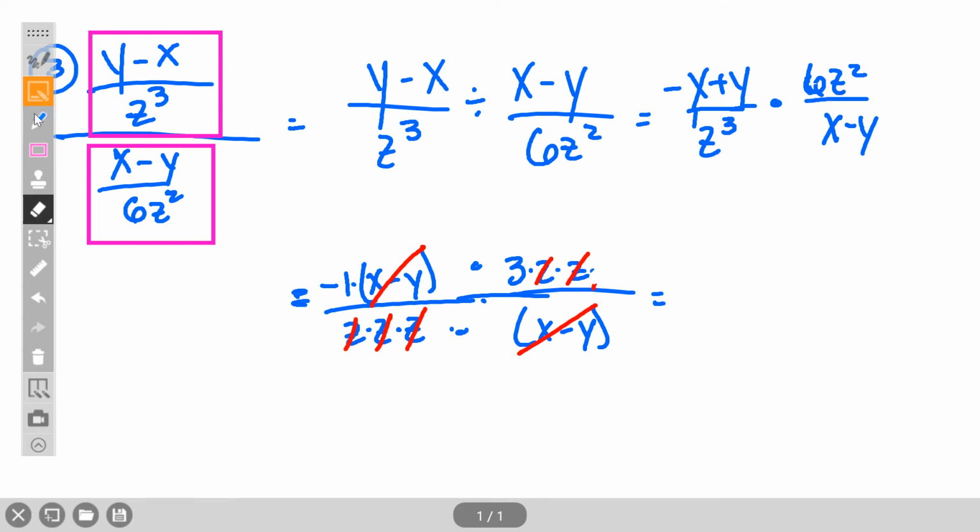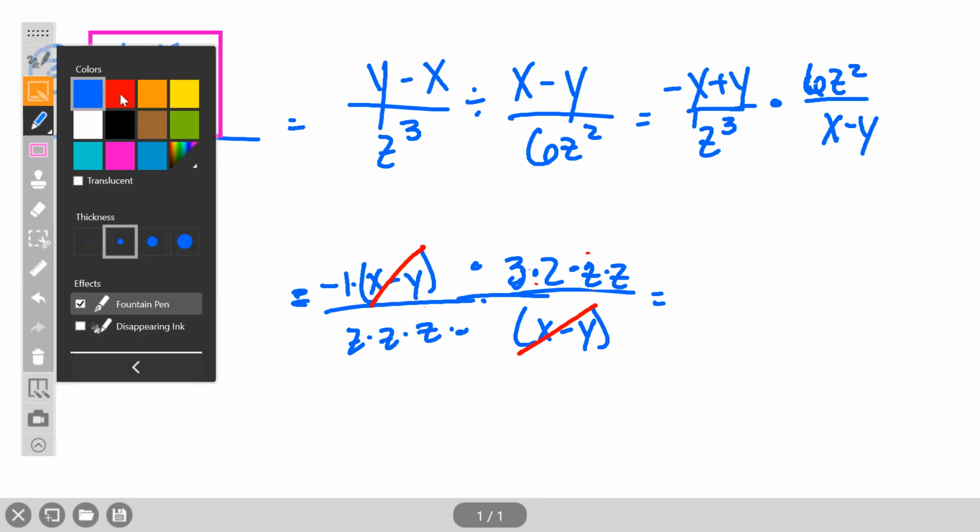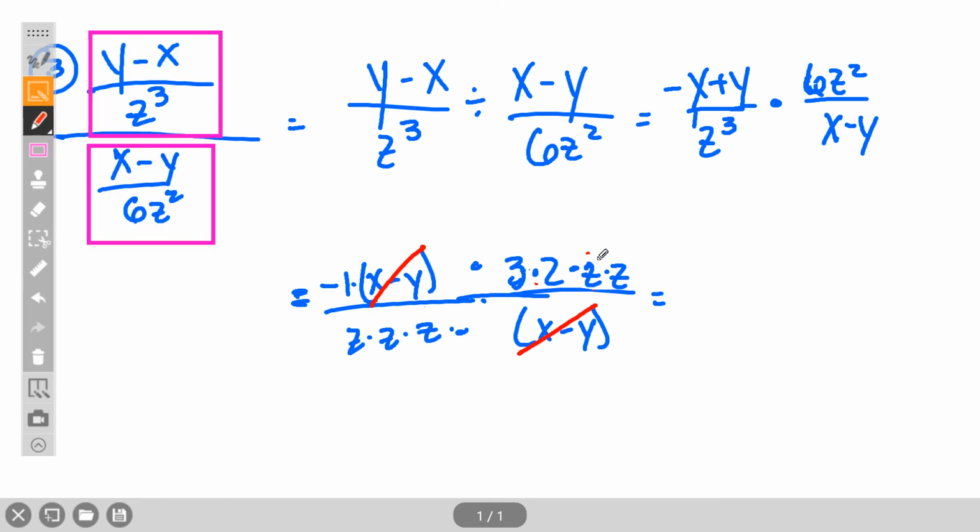Oh, that's a 2. Whoops, let me fix this. Let me redo that. That's 3 times 2 times z times z. And then down here is z times z times z. Okay. So x minus y cancels, a z cancels, and another z cancels.